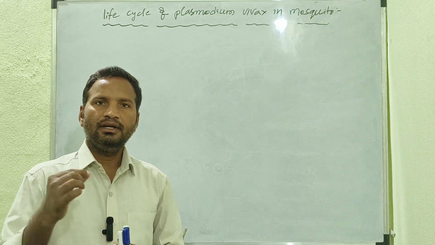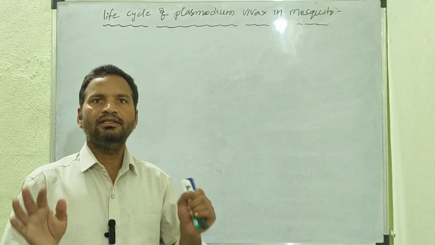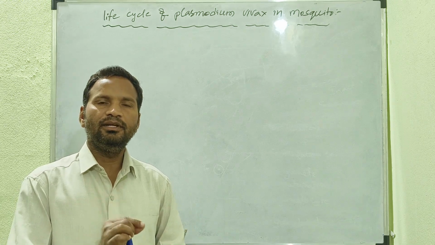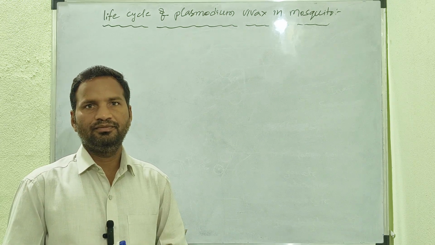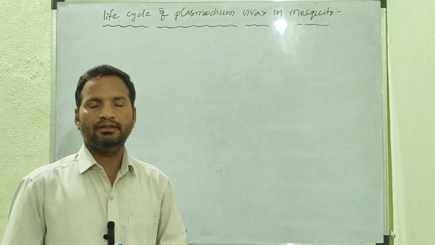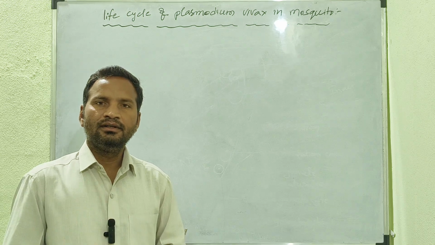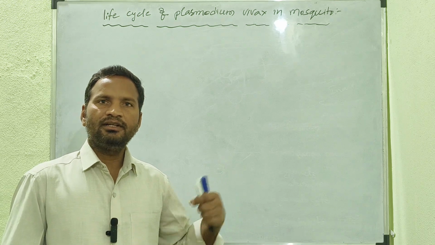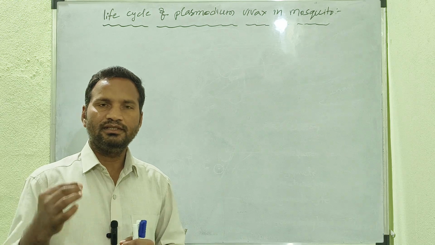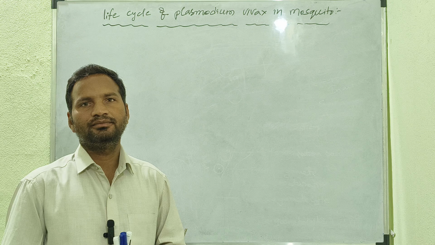In the lumen of the crop, all stages are digested except the male and female gametocytes, which undergo further development. Then the life cycle of Plasmodium vivax in mosquito consists mainly of 4 stages.